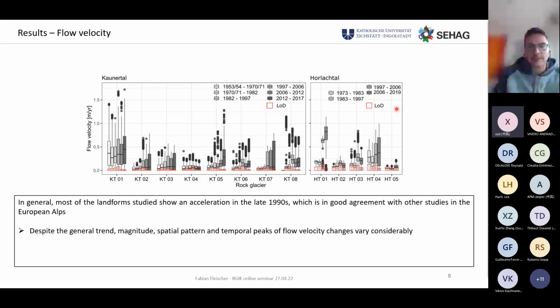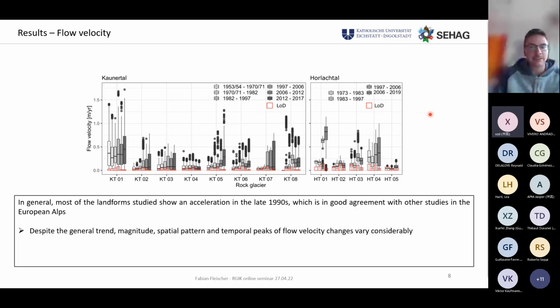So on this slide, we can see the results of the flow velocity analysis. The figure shows the flow velocities of the individual rock glaciers from 1950 to 2017 and 2019 in Hollertal as box plots.